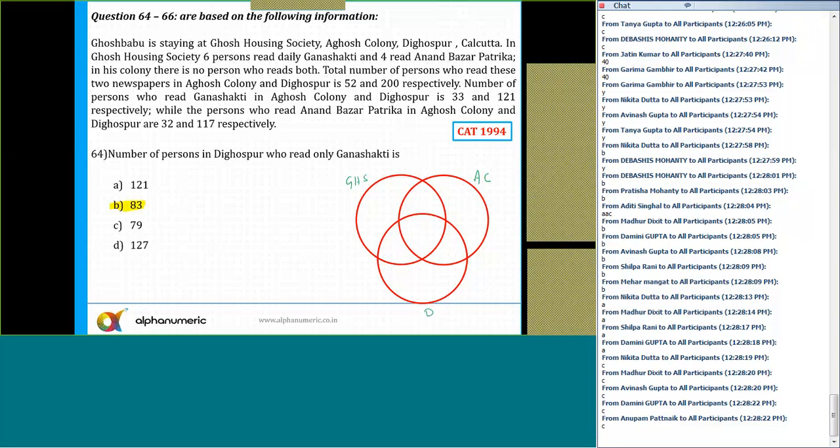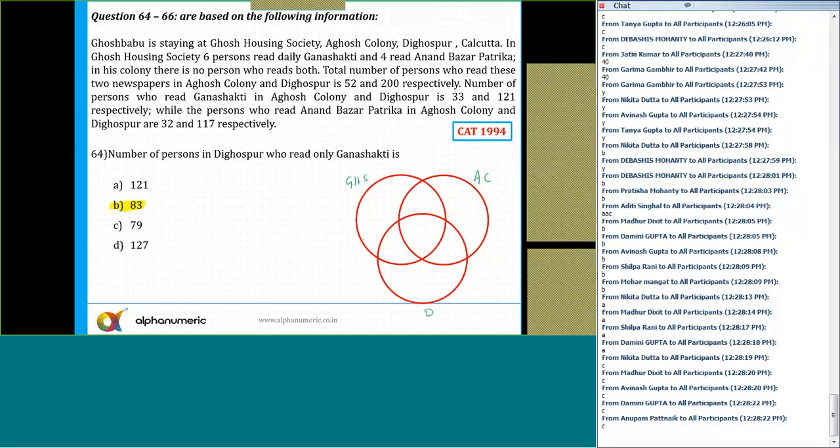In Ghosh Housing Society, 6% read Daily Gun Shakti and 4% read Anand Bazar Patrika. In his colony, there is no.